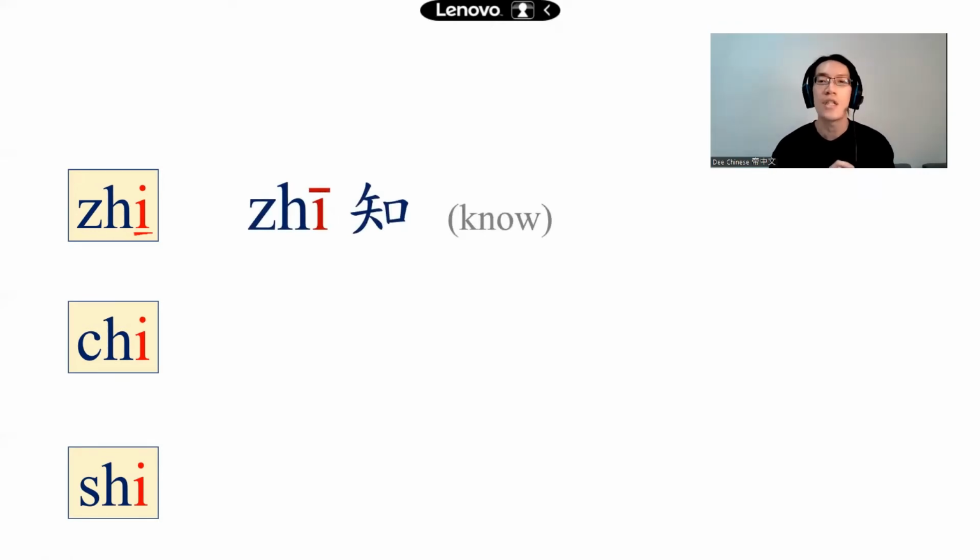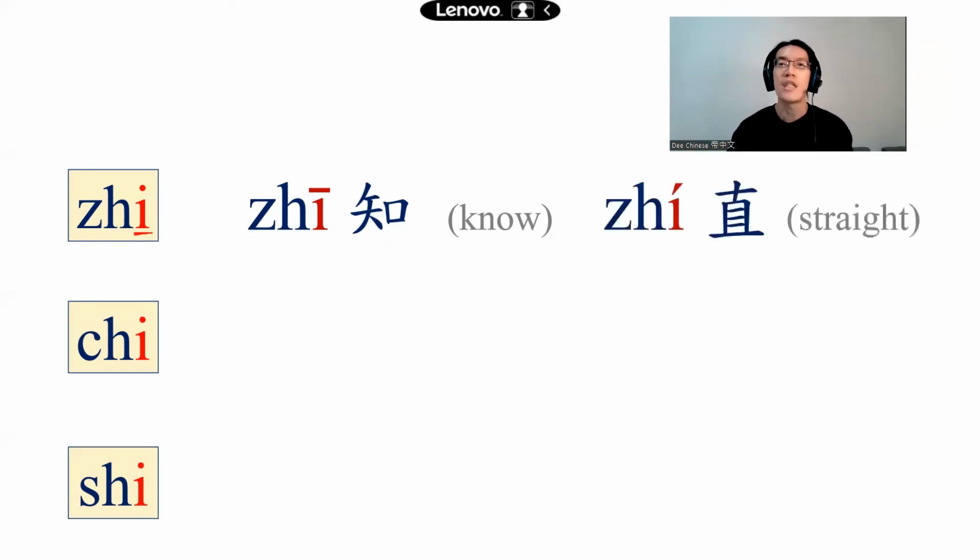As the first example, 知 means to know. And the second one, 直 means straight. If you really want to use a sign to remember this vowel, I recommend you remember this: you feel something disgusting, but you close your teeth, so you will get this sound.